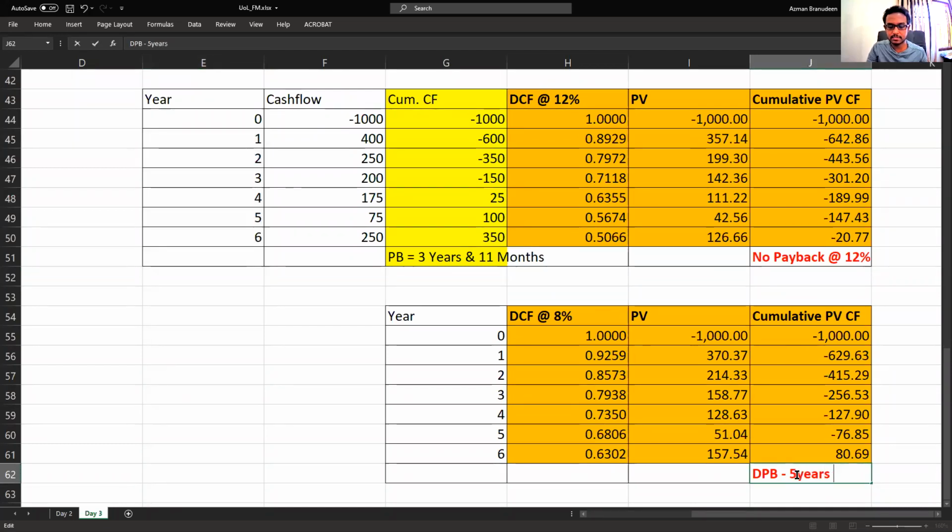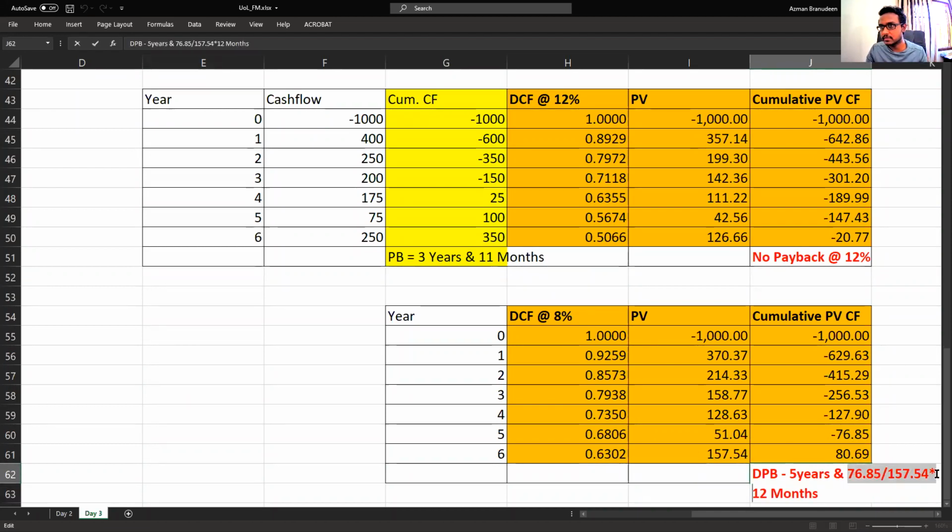5 years. And what I will have to do is during the year, I get 157, but I need to break even. I need 76.85. So 76.85 divided by 157.54 into 12 months. That is how I get my payback.